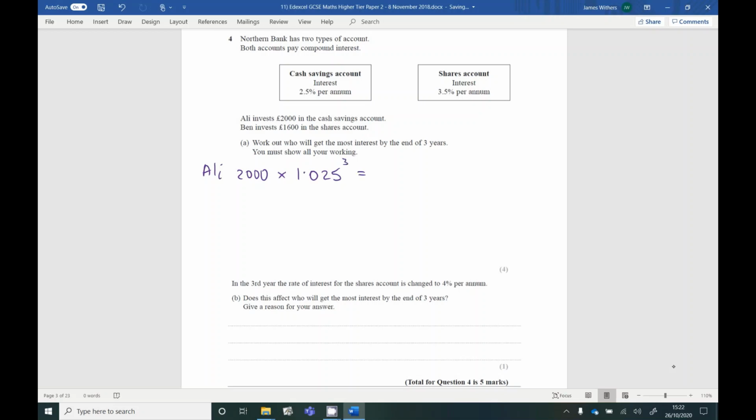So just popping that into your calculator, £2,000 times 1.025 to the power of 3 gives us £2,153.78. Now that's the total that Ali has after 3 years. So the interest is that amount less than the money invested in the first place. So that's £153.78. That's the interest that Ali got.